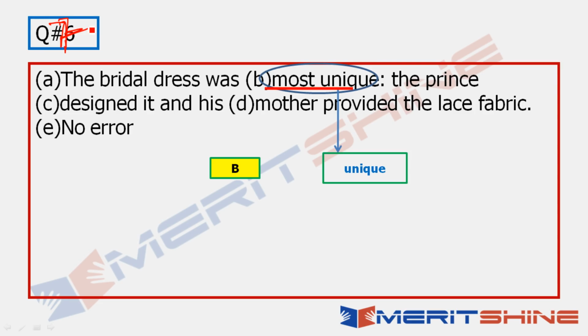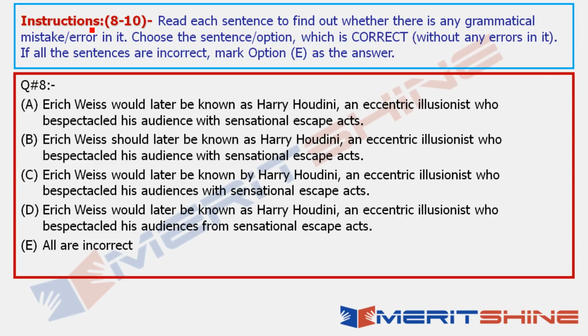Now question number 8, 9, 10 was different to an extent that they asked you to identify not the error or the sentence which had an error, but they asked you to identify the sentence which was correct. Which means what? That there were two ways of looking at it.